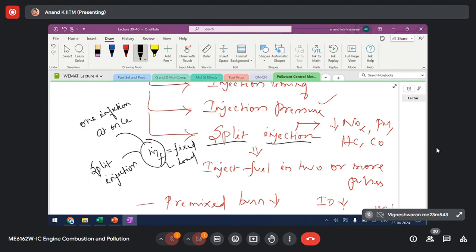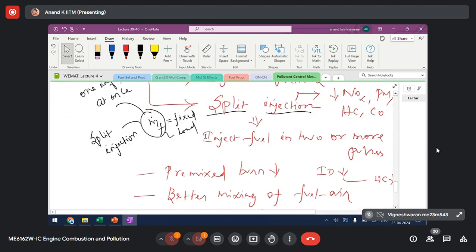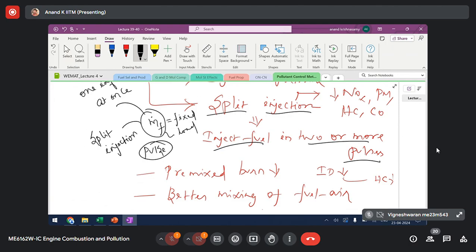But what you can also do is, instead of injecting this entire mass at once, split the mass and inject it in, say, 2 pulses or more. We use the word pulse. You can go up to 5 or 6 pulses also.